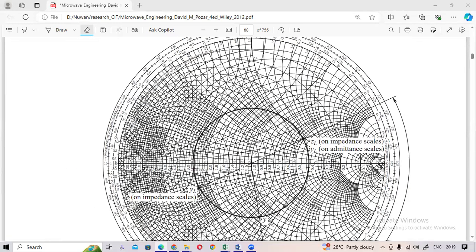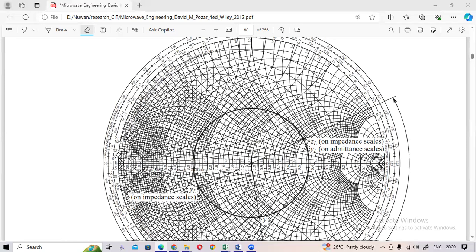You can see that the circles in this direction are called the impedance circles. These are reactive impedance circles, these are capacitive impedance circles.